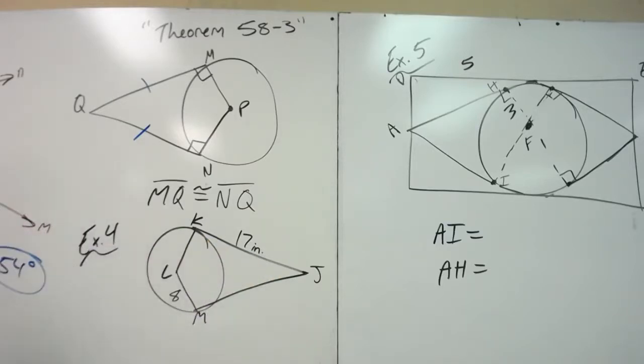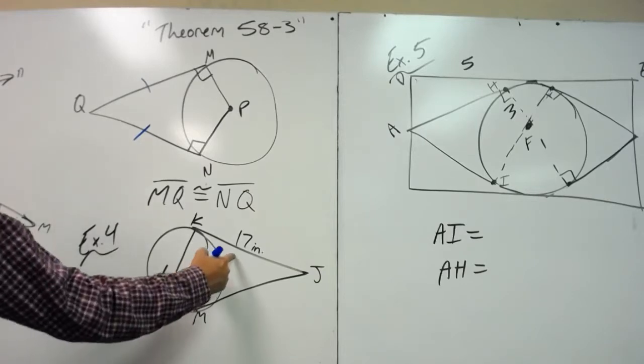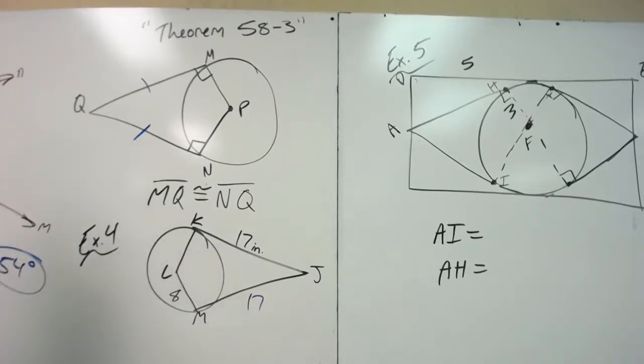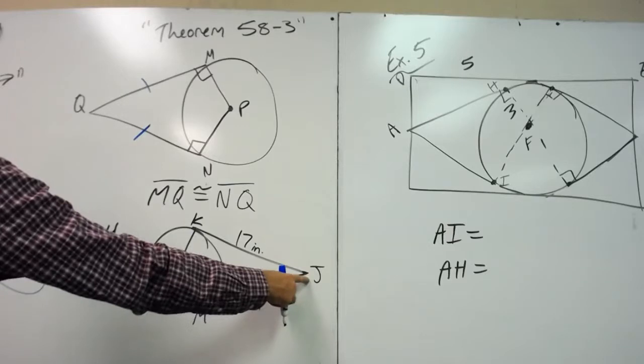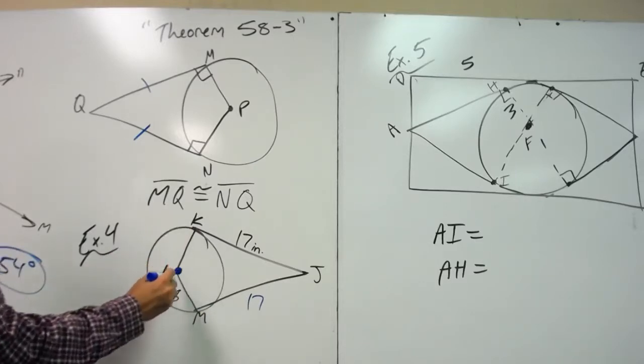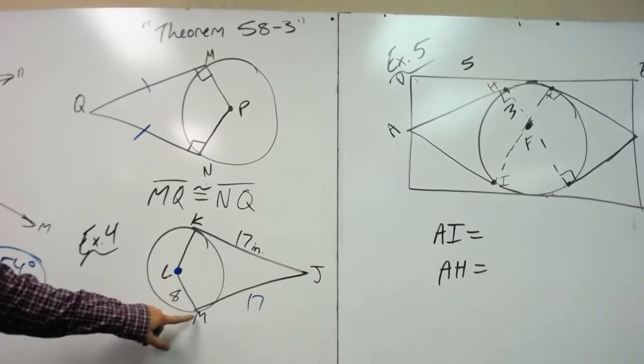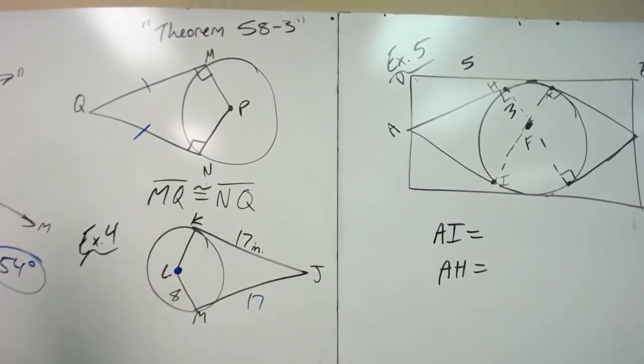So how can we find the perimeter? Using what we just found out, we know that opposite tangents that intersect at the same exterior point are congruent. So this is also 17. Do we know what LK is? Well, once again, my circle dimensions have been off, but L is actually the center, and this is a radius. So LK is another radius.